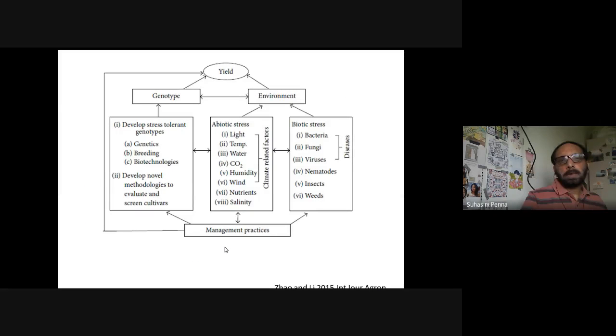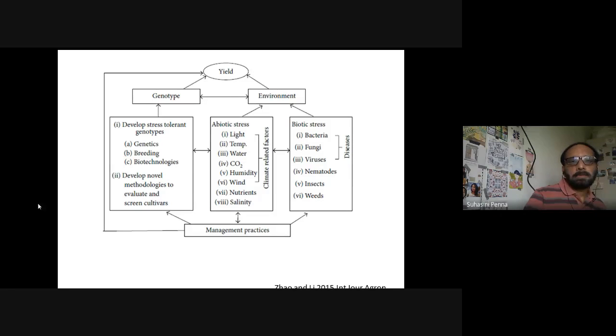In line with whatever I have told you, on this side you can see stress tolerant genotypes which have to be developed using different approaches: genetics, breeding, biotechnologies. Finally, the aim is to develop novel methodologies to evaluate and screen cultivars.